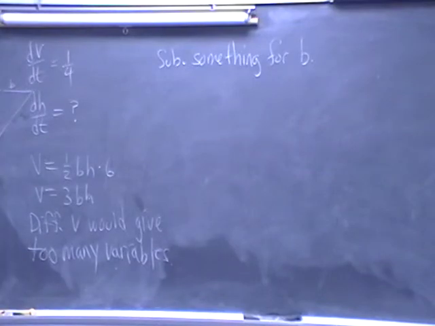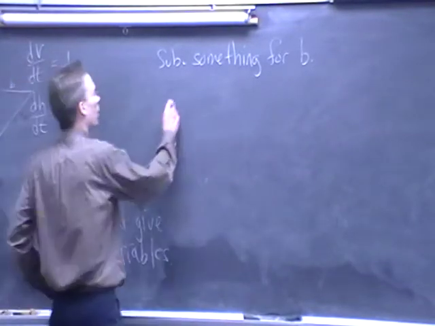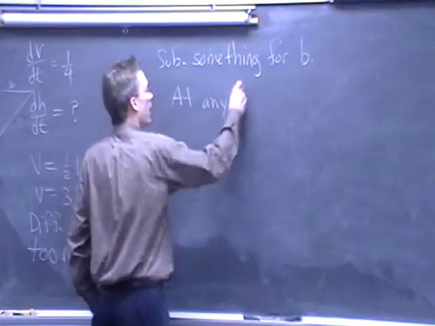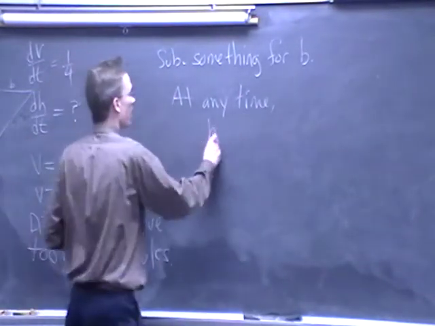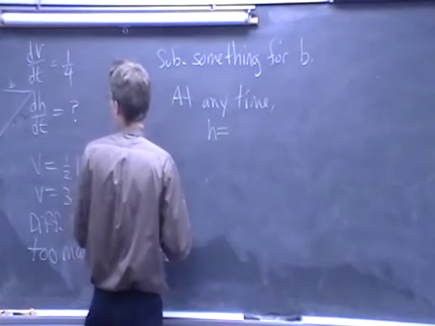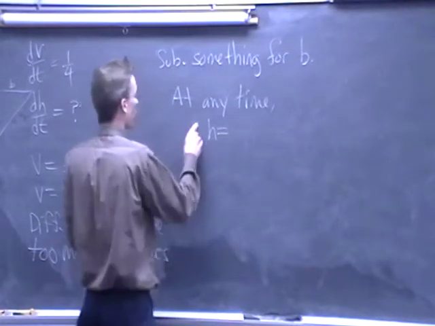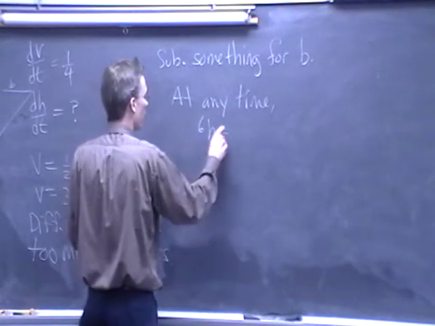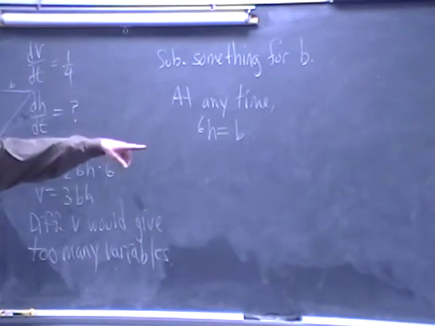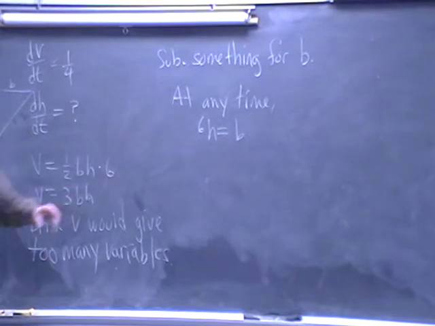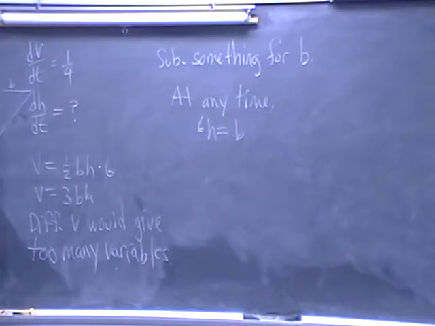But in general, at any time, we found out from the first part, the height is equal to, or actually no, it's 6 times the height is equal to the base, right? We found that out in the first part of the problem. It takes 6 of these to make 1 of these, because when this is 2, this was 12. When this was 1, this was 6.